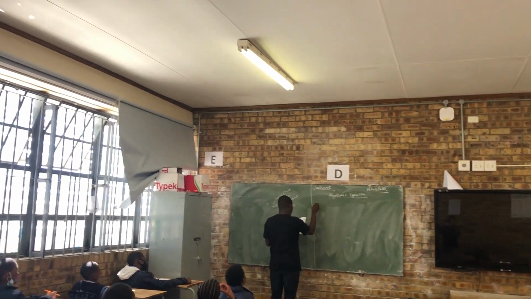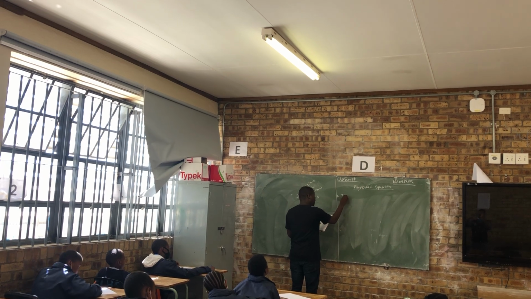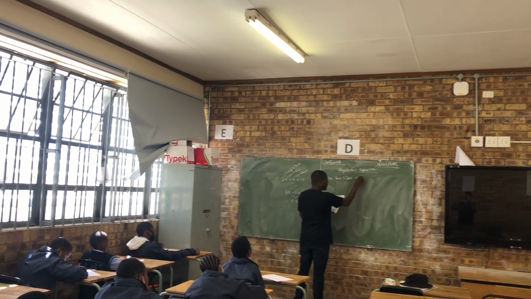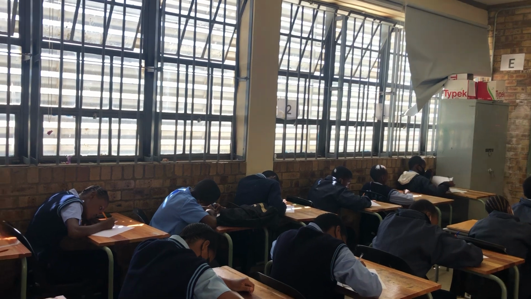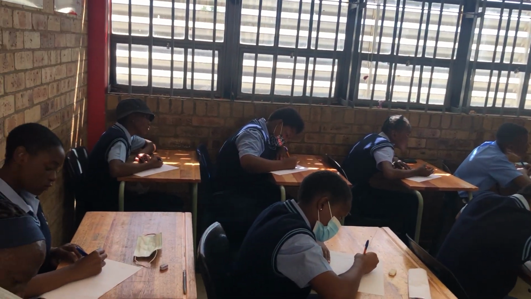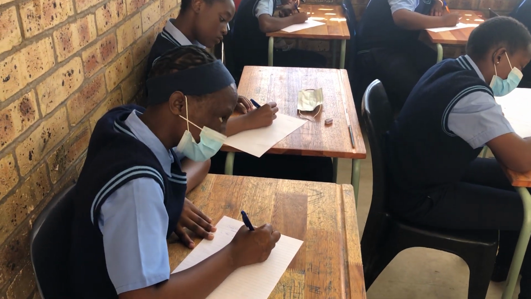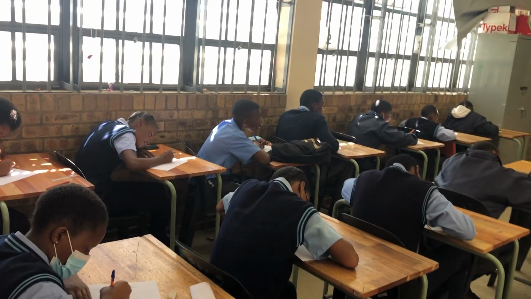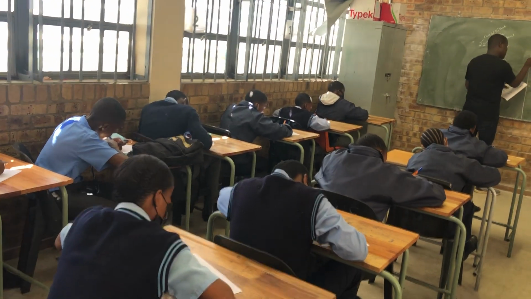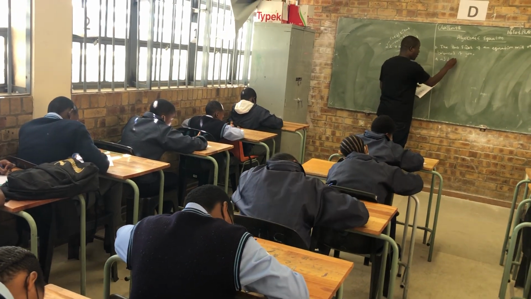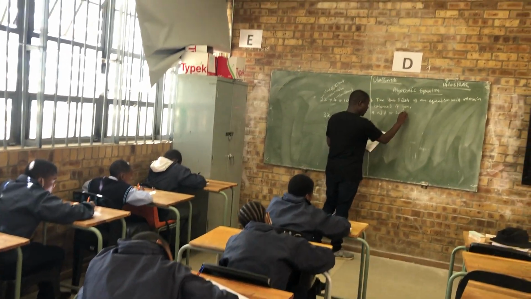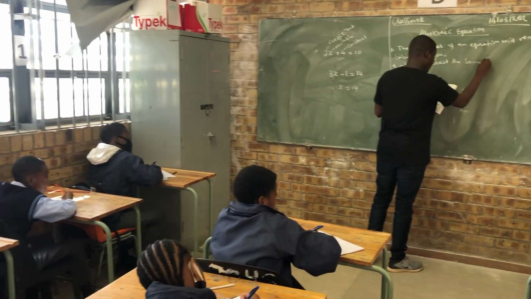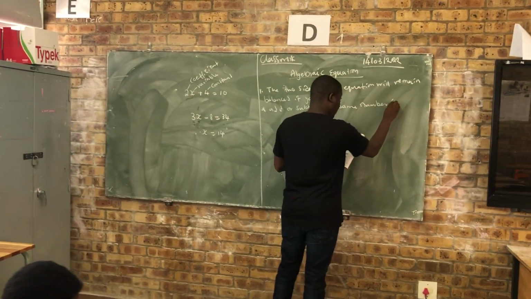And we say, number one, the two sides of an equation will remain balanced if you add or subtract the same value, the same number, from both sides.